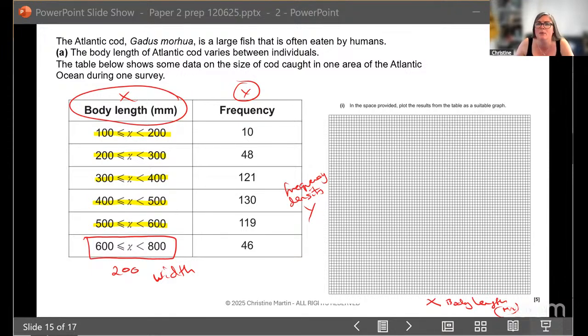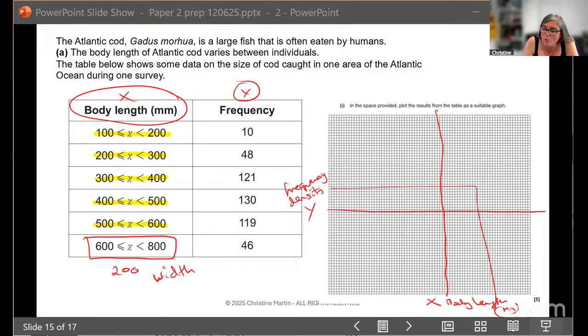Because in the paper, let me just confirm, it just says plot the results. So you could do either or. Then you want to ensure that you are using more than 50% of the graph paper. Your histogram bars should be big enough to cover at least that.